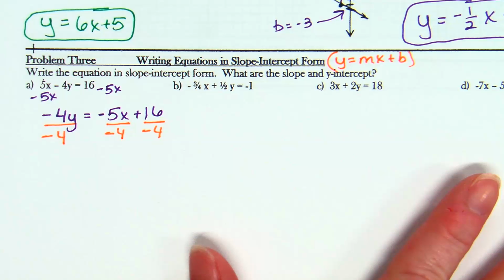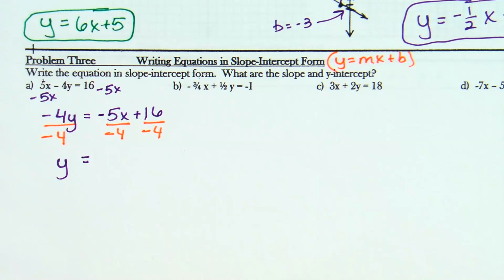What's negative 5x divided by negative 4? Almost. What's a negative divided by a negative? A positive. So I'm going to write this as positive 5/4 x.